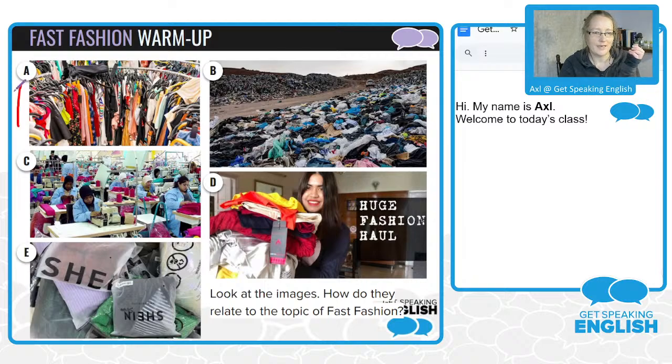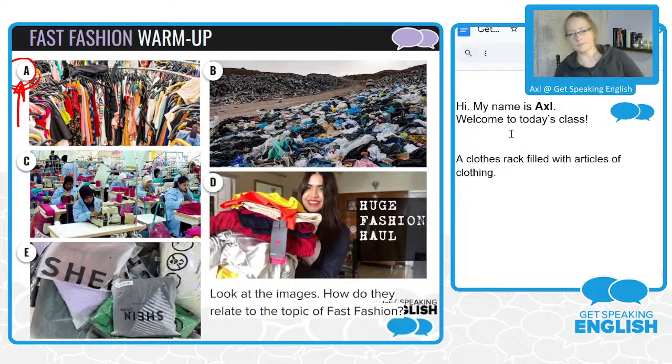Let's talk about A first of all. Let me know what you think about these images and how you think they relate to the idea of fast fashion, and I will put together our notes here. When you look at this image, we see a clothes rack filled with articles of clothing.